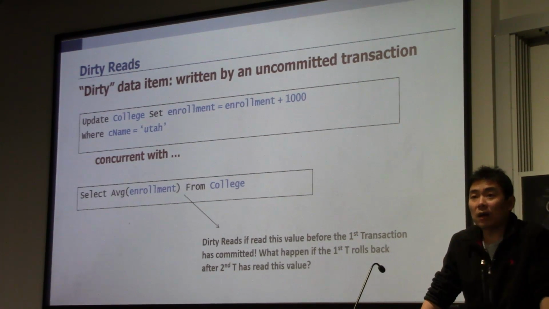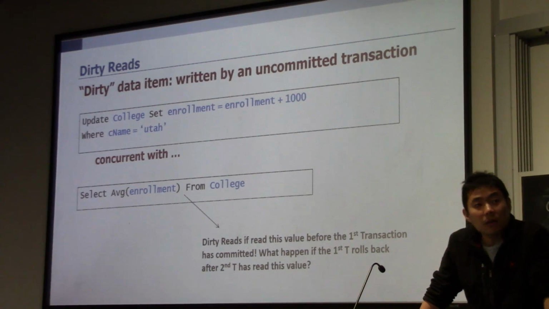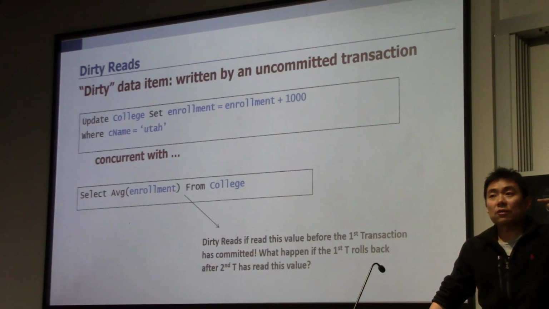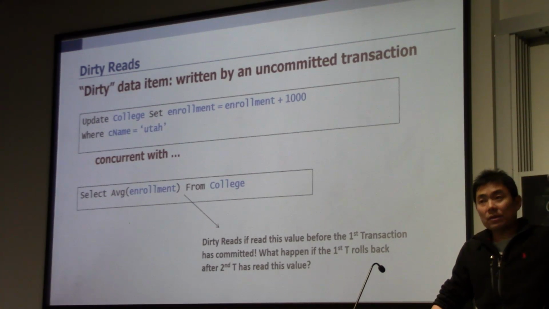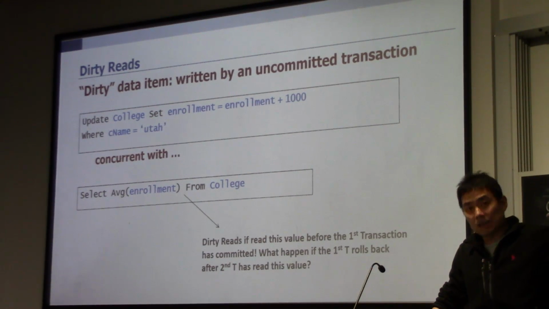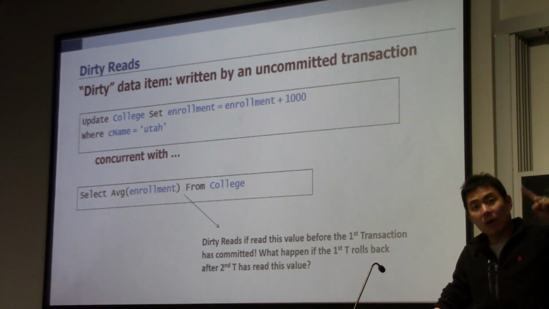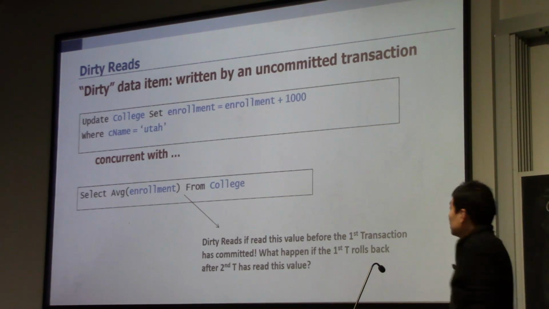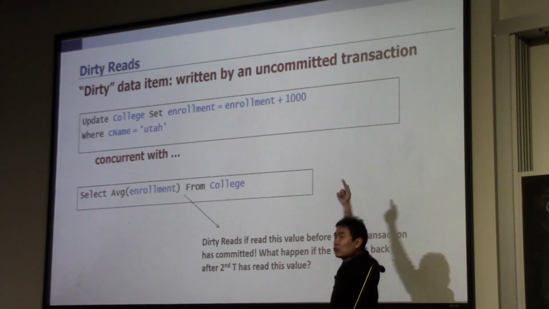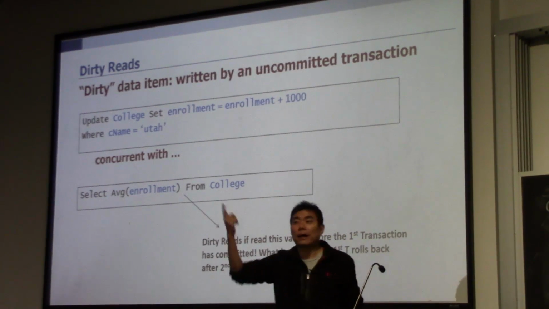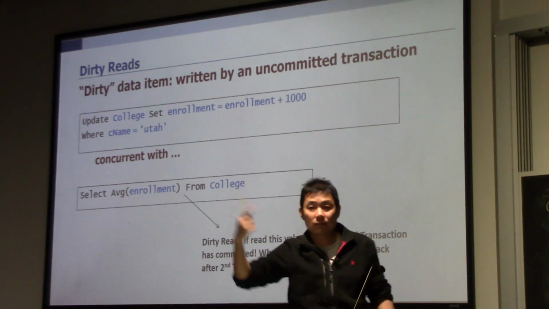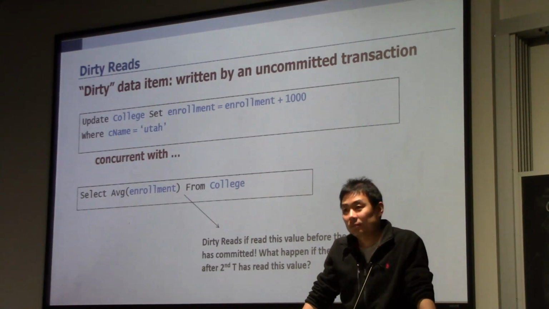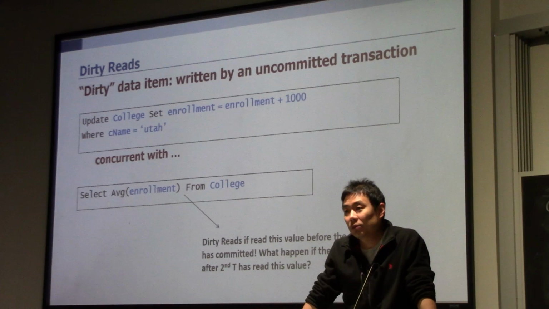And dirty reads cause a lot of problems. Why? Because since those writes have not been committed yet, if you allow a dirty read to happen, the problem is that the first transaction may come back and decide to roll back.